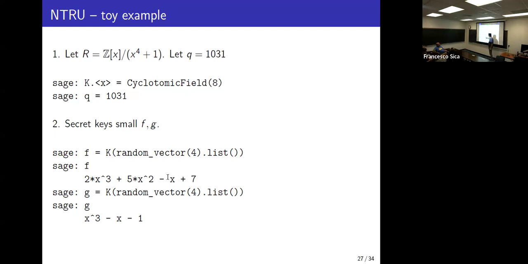Now I can define all of this in SageMath, and I get two random elements from the underlying field. Instead of defining the ring, I define a cyclotomic field, and then I took two elements from the underlying cyclotomic field, and these are the two polynomials. I assume that they are reasonably small, because the coefficients are just 25 minus 17 compared to this q.